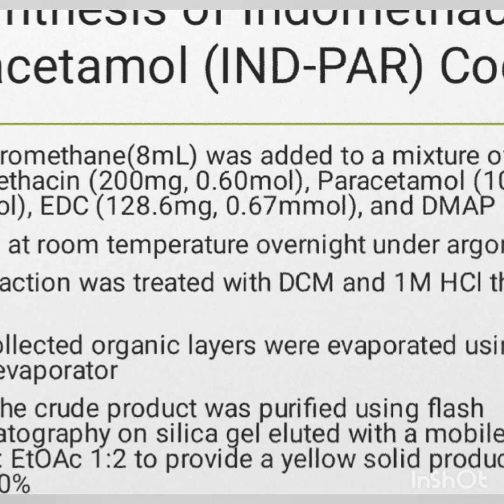Then this mixture was stirred at room temperature overnight under argon.